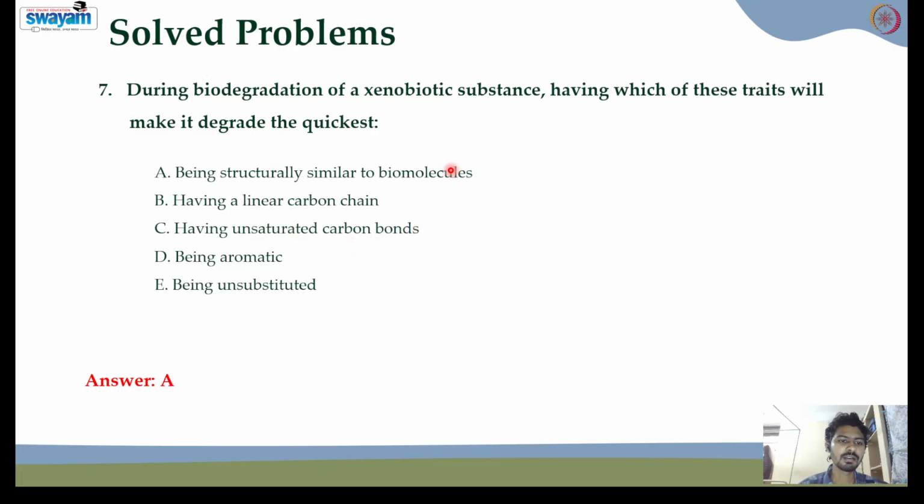That is why it is very difficult to degrade if they have unsaturated carbon bonds. And being aromatic means a benzene ring, a ring-shaped structure which is stable, which is obviously going to resist biodegradation compared to being structurally similar to biomolecules. And being unsubstituted means the presence of some specialized substituents can also influence the molecule's susceptibility to microbial attack. So among these statements, being structurally similar to biomolecules is quicker to degrade compared to other options.